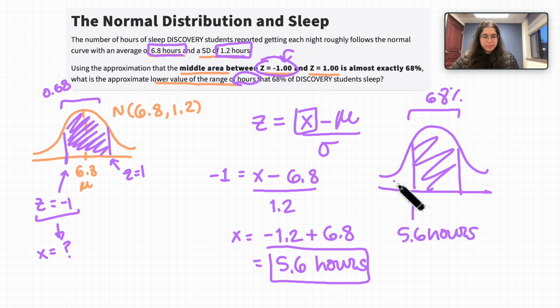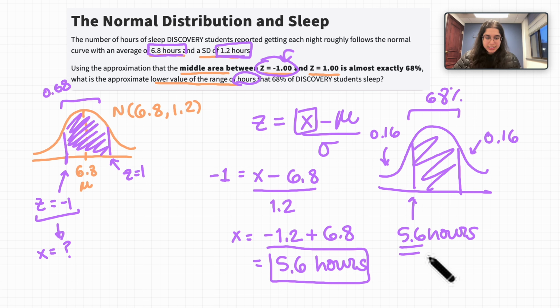So we know that over here, this area is approximately, if I had to calculate it, 1 minus 0.68 divided by 2, which is 16%. This is 16%. What this value means is that students who get about 5.6 hours of sleep per night sleep more than 16% of students in Discovery.